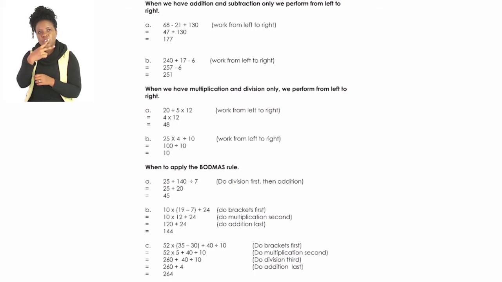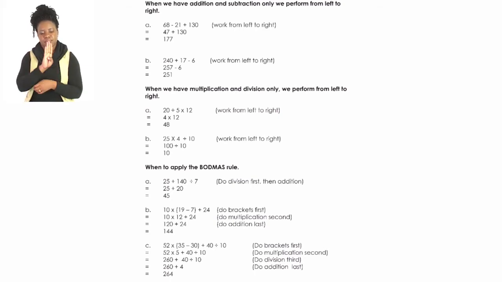So here we have a subtraction first, and that part of the sum we will do first. So we say 68 minus 21 equals 47 plus the 130. And now we do the addition sum where we say 47 plus 130 equals 177.